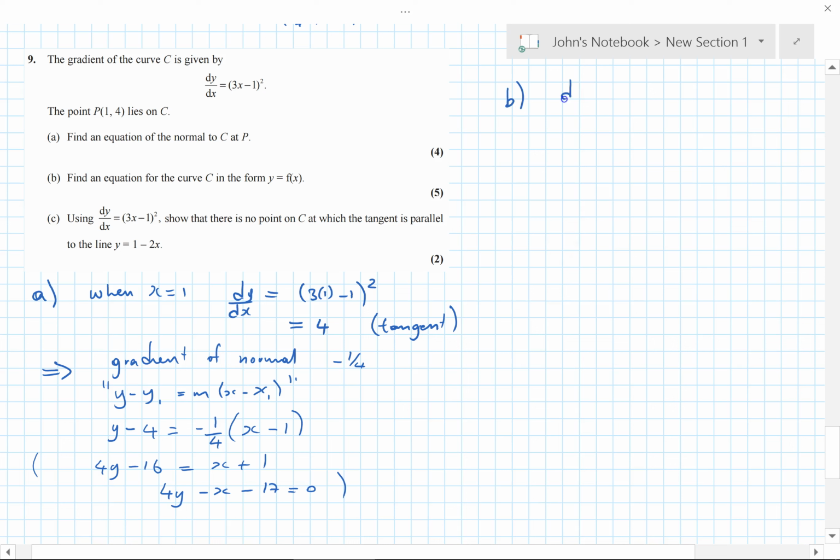We've got dy by dx is equal to (3x minus 1) squared. We clearly need to multiply this out. Square 3x squared, so that's 9x squared, be careful. We're going to have a middle term, that's going to be this number times this number, times 2.